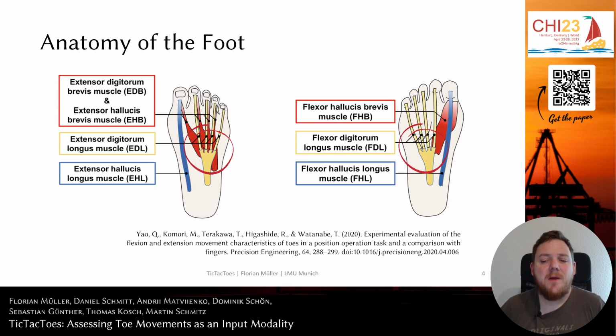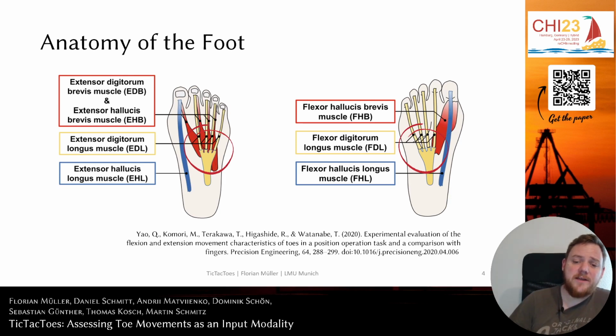This means that while we can independently move our big toe to some extent, independent movement of the remaining four toes is not feasible. Based on these two findings from the anatomy of the human foot, we designed a controlled experiment to understand the accuracy, efficiency and user experience of toe-based interaction.